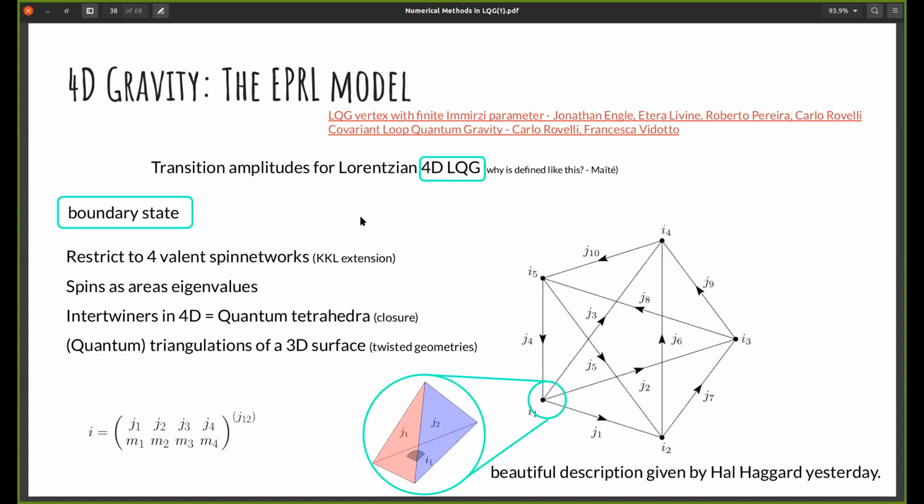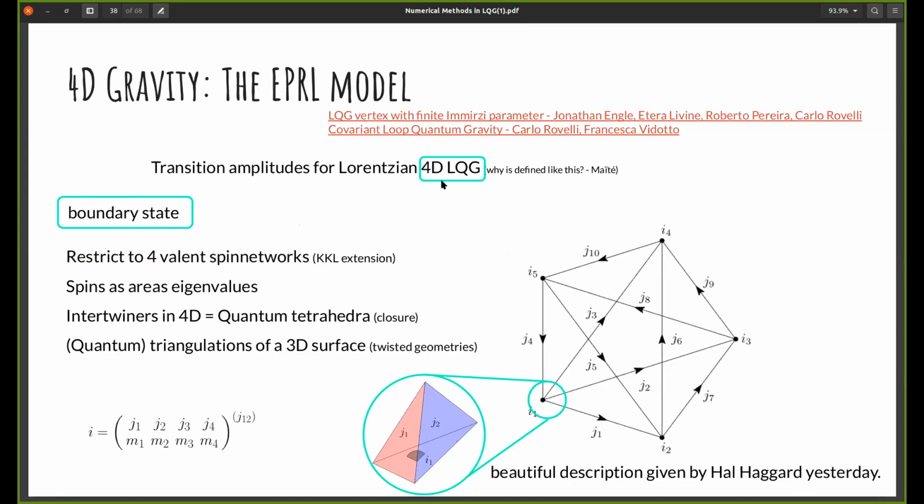If you're interested, feel free to go and look at it. I'm not going to touch this. I will restrict myself to 4-valent spin networks and the original definition. It's already complicated at that level. You can generalize, but it gets even more complicated. Let's avoid that, please.